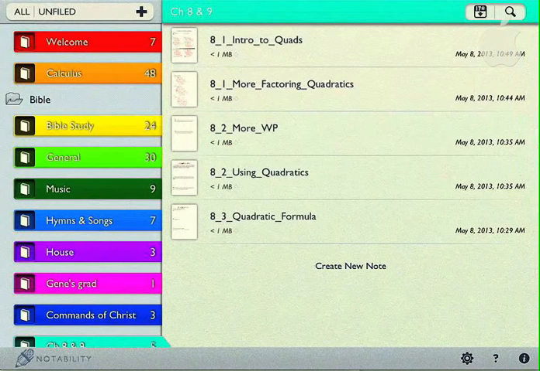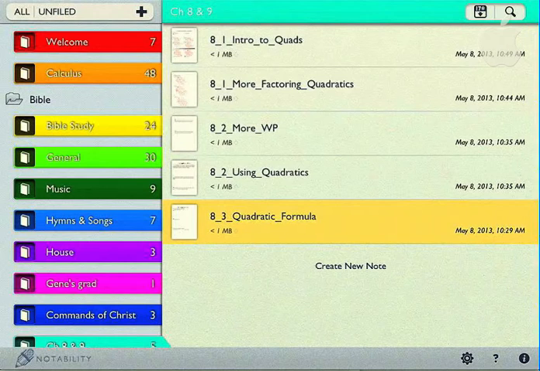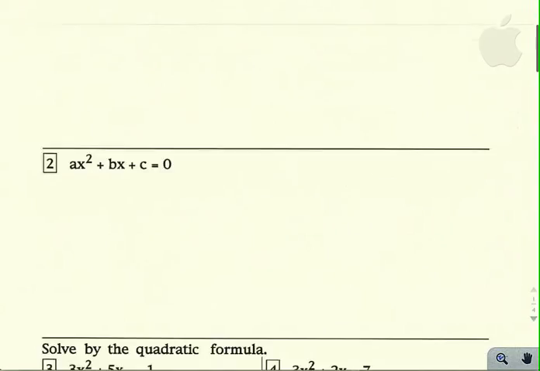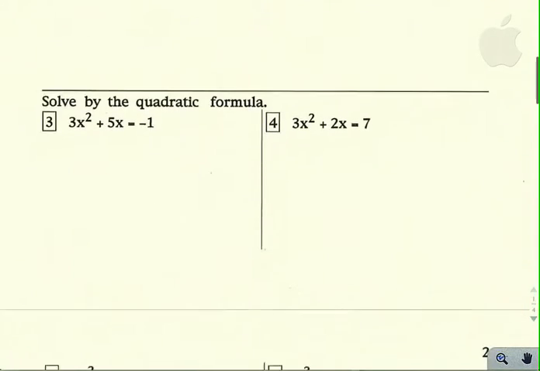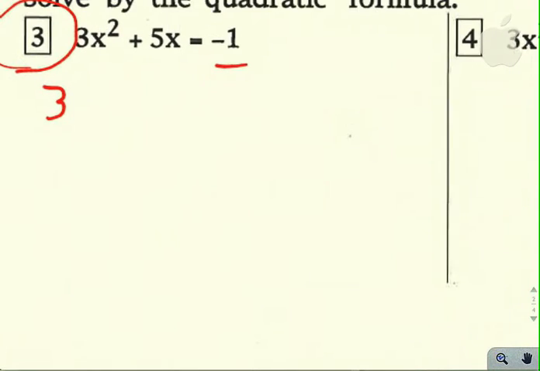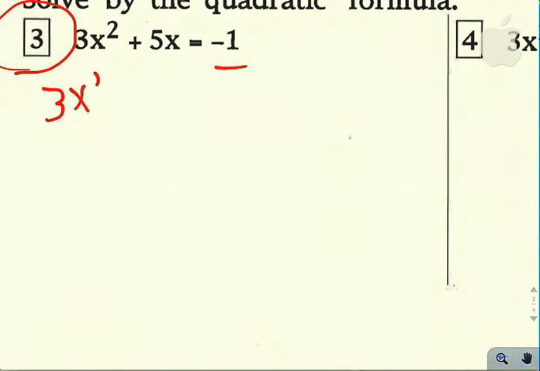Okay, let's do some quadratic formula, and then we can do some word problems. Now for the quadratic formula, we're going to start with number 3. And you have to move the minus 1 to the left side to use the formula. And so here we go.